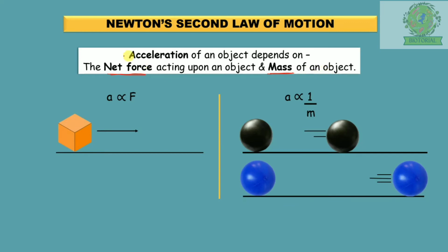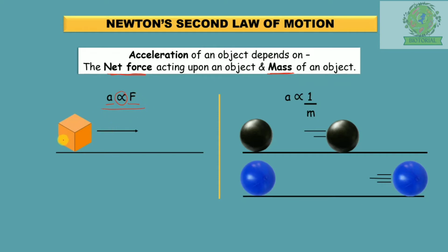So let us first consider the net force. They say that acceleration, that is a, is directly proportional to F. This particular sign is the proportionality symbol. So acceleration is directly proportional to force F. What does this relation mean?